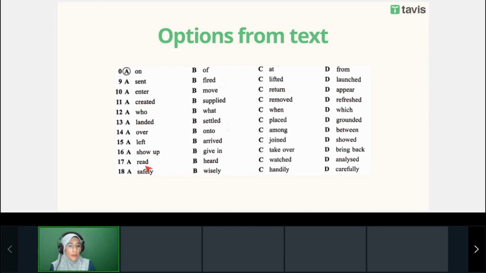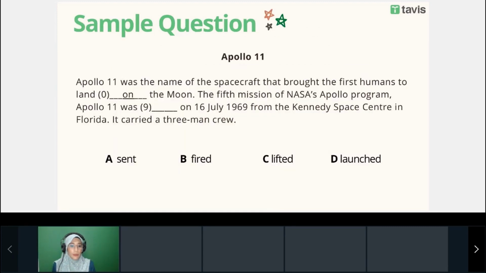Read, heard, again, verbs. Safely, wisely. This is describing a verb. What is that part of speech? Describing a verb. Adverbs. These are all adverbs. All right. Now, let's try and see a sample question. Now, this is question 9. Okay, everybody, question 9.